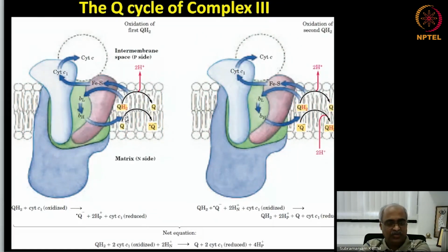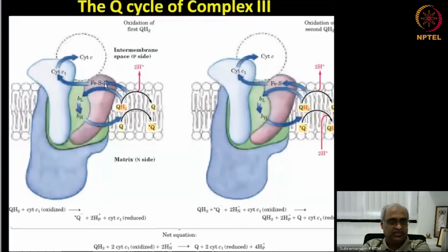So let us start with the first one. Here you have QH2, the first ubiquinol that is going to bind here. From there, one electron, this blue arrow that points, transfers to the iron sulfur center of this Rieske iron sulfur protein, to cytochrome C1 and to cytochrome C. So one electron goes to the ultimate substrate.